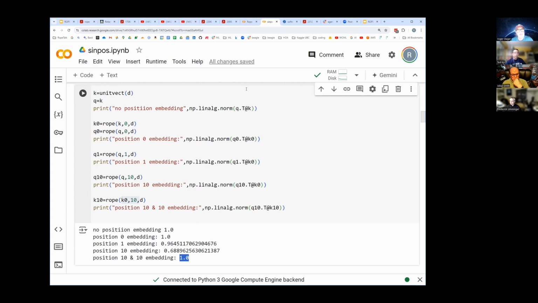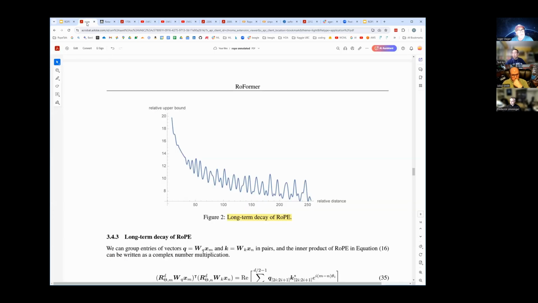Yeah, that we're seeing in the paper. So you can see on that curve that after a certain point, 100 or whatever, it's small. But after about 200-ish it seems to have reached its floor, but it's still squiggling between 6 and 10 or something like that.